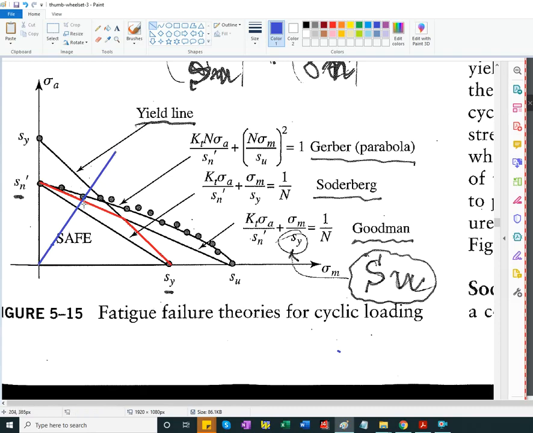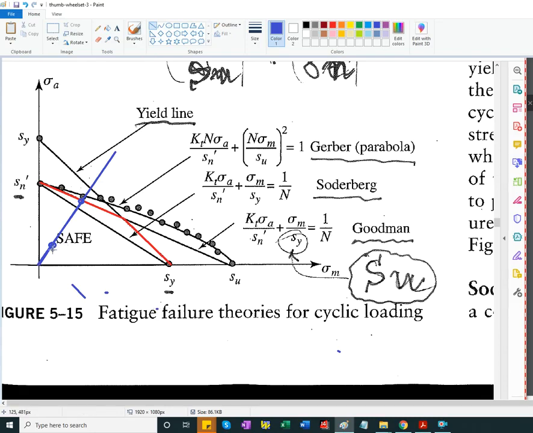And then in red is the safe boundary, and we have the failure point. And again, this is the load point. So design factor is going to be the ratio between this distance over this distance.